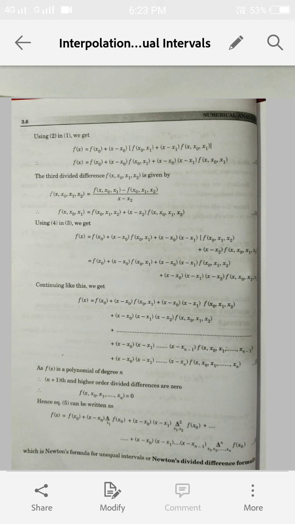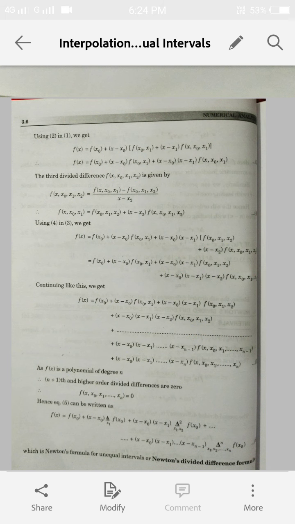Now here we have three arguments in equation 3, f of x, x0 and x1. Now in terms of third divided difference, if we use these values, we can find the value of f of x, x0, x1. Now use this value in equation 3.